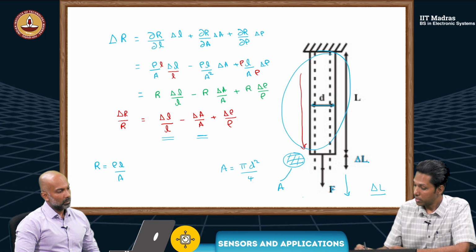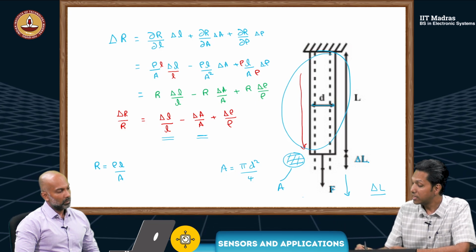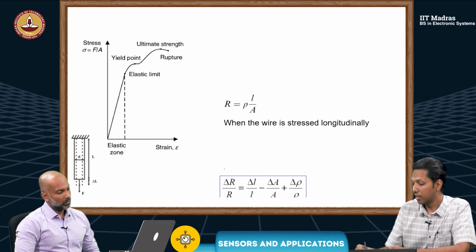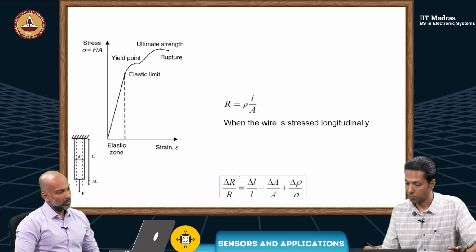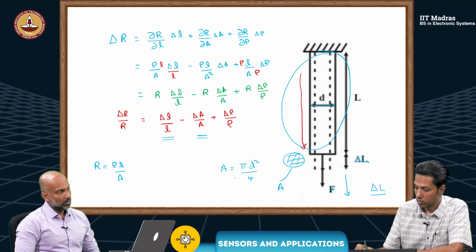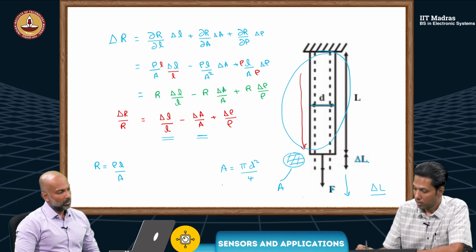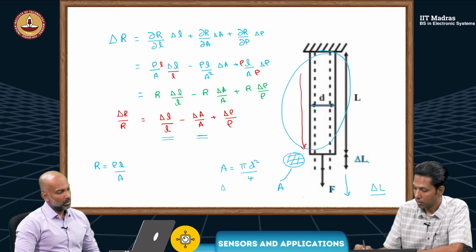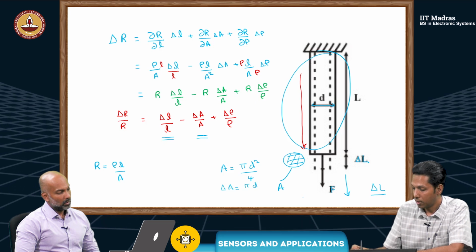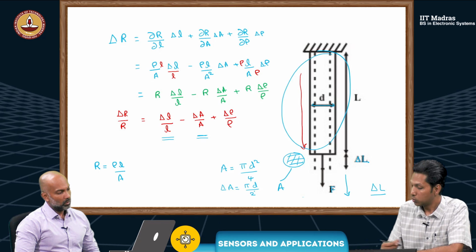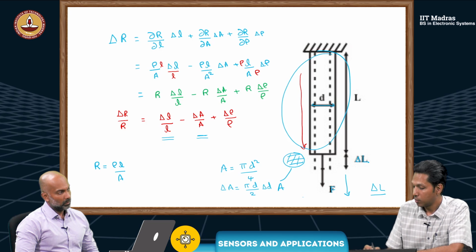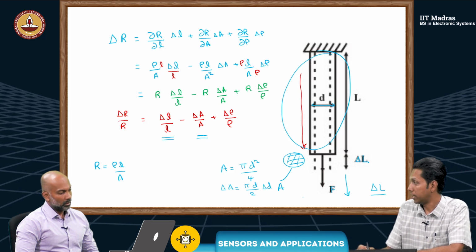So if I want to represent change in A in terms of change in D, I can take a derivative of A with respect to D. That will be pi D by 2. So delta A will be pi D by 2 into delta D, because it will be the derivative of A with respect to D, and you just take it to the other side.